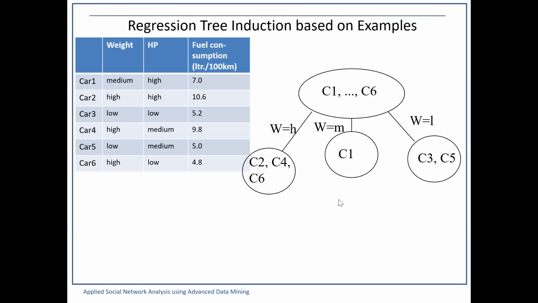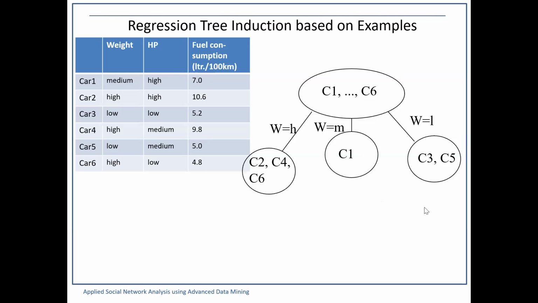So during the algorithm, we split, but the entropy now is replaced by something like variance, because when we have numeric values, we cannot calculate entropy. To calculate entropy, we have to have classes. So what was entropy in the classification case is now variance or some similar criterion in the regression case.